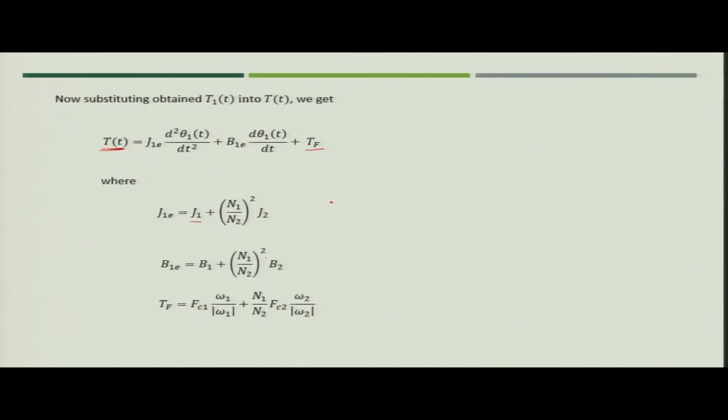So, if you see these equations, you can easily correlate. In case of transformer also, when you transfer the resistance and reactance value from secondary side to primary side, you will see similar kind of relationship as we see in this case of gear, the reflection of the various properties from gear 2 to gear 1.